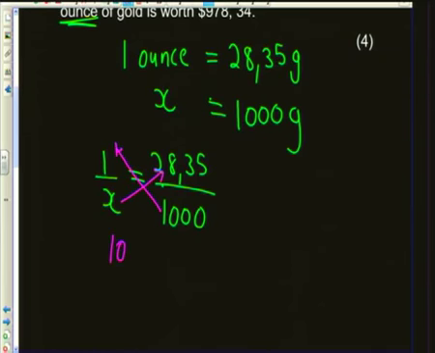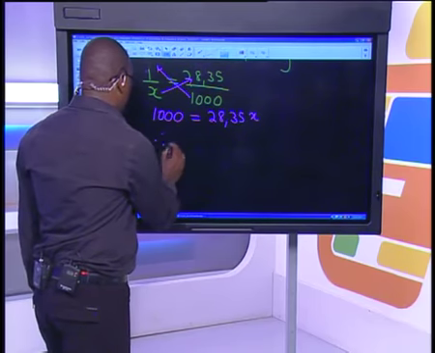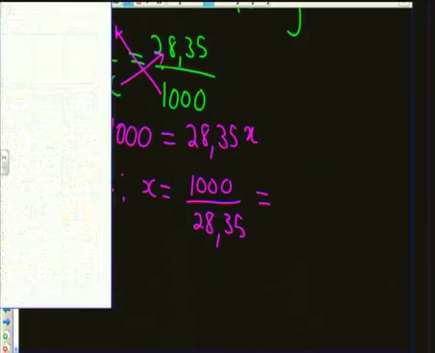So I get 1,000 equals 28.35x. Now, I want to find the value of X. So therefore, X is 1,000 divided by 28.35, which gives us, okay, let's just calculate.